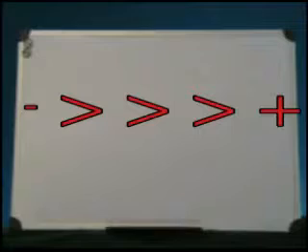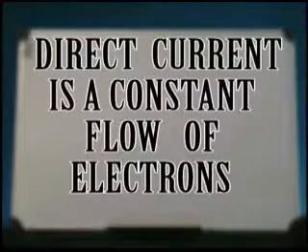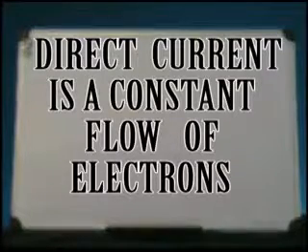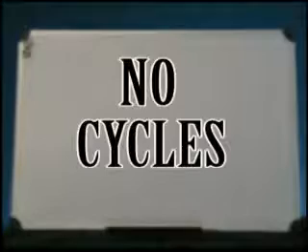Direct current goes in one direction. It has no cycles. It has voltage and it has amperage. You have positive and negative, and electrons flow from the negative to the positive. And again, no cycles, only voltage and amperage.